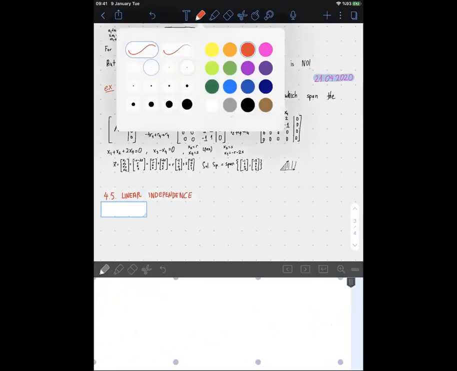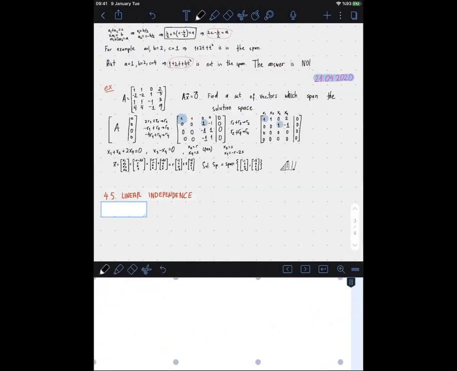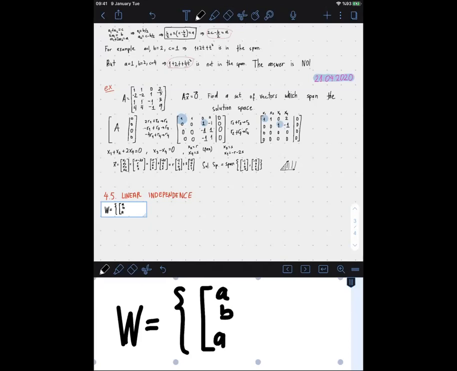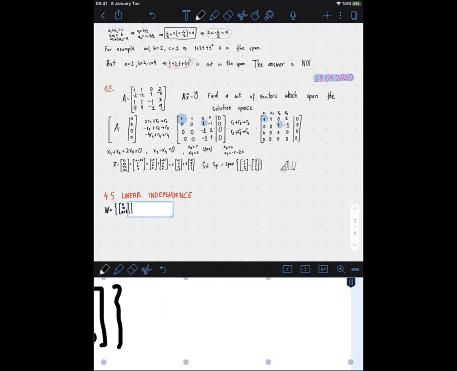So let's remember an example that we did. Let's look at this set W, which is all the vectors of this form a, b, and a plus b. So this is a subset of R3, which is a subspace.